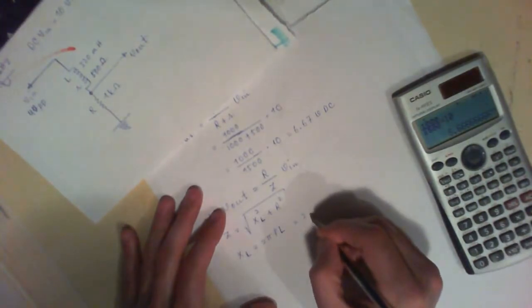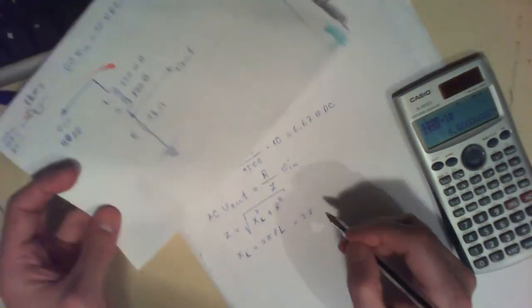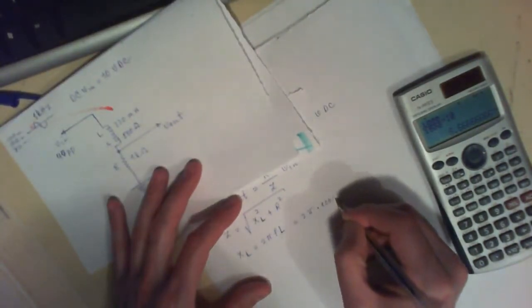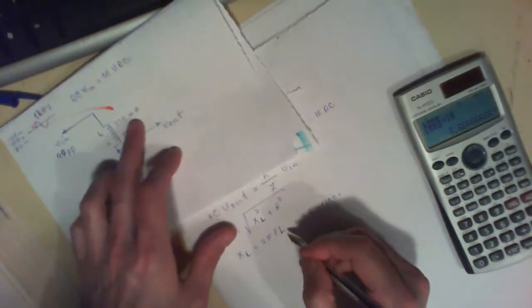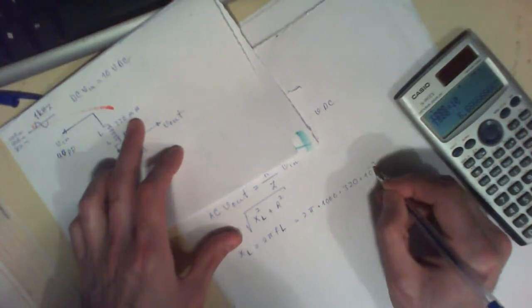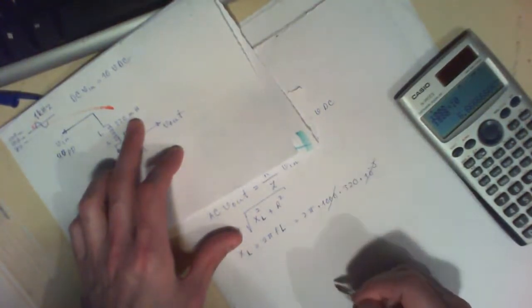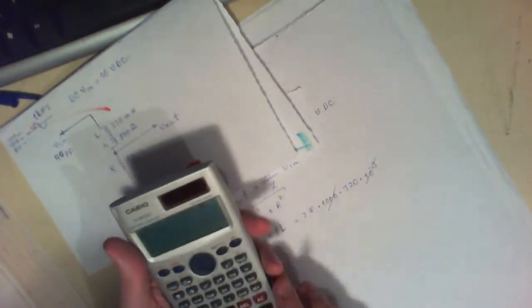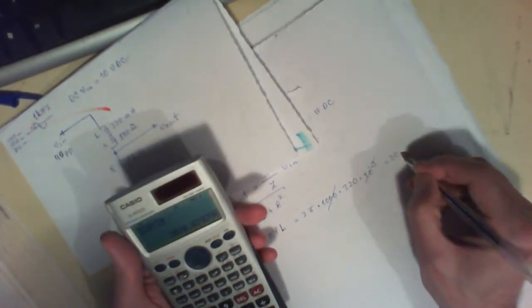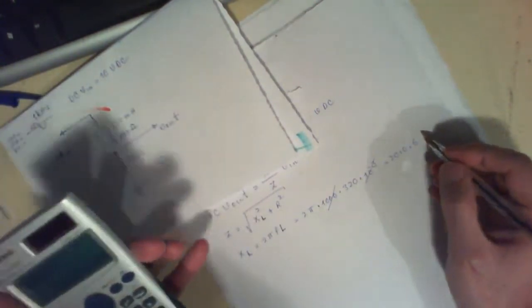So this is equal to 2 pi times F. The frequency was basically 1 kilohertz, 1000 hertz, times L, which is 320 millihenry, 320 times 10 raised to power negative 3 Henry. So these two you can cancel out, and then you have 320 times 2 pi, which is equal to 2010.6, and that's in ohm.